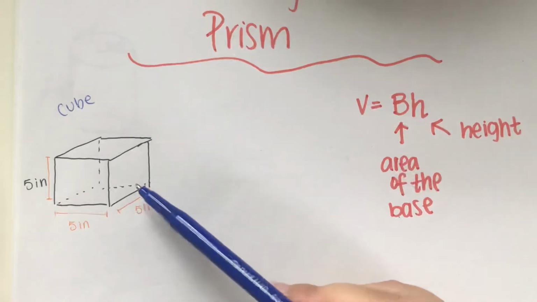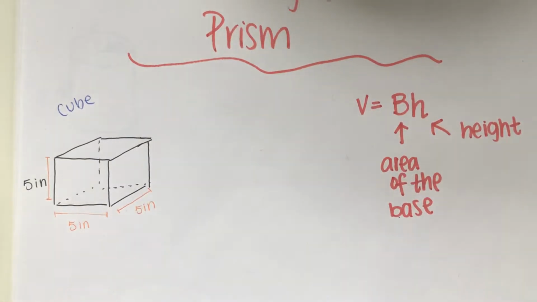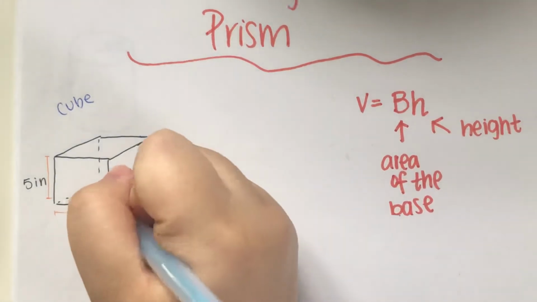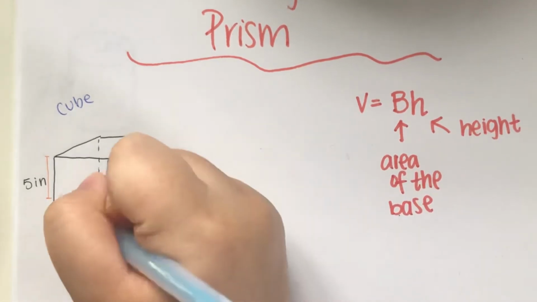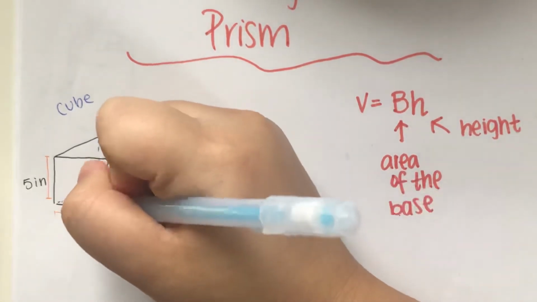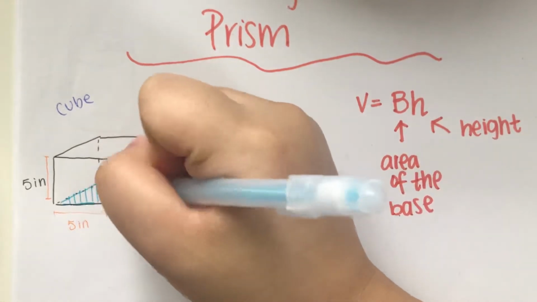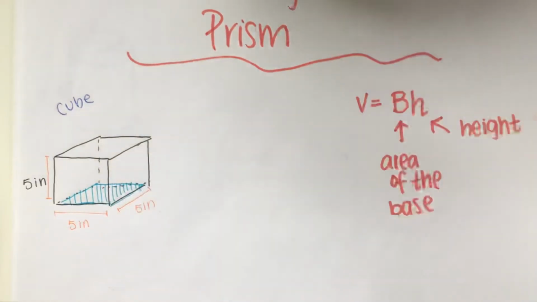So let's look at our first example. I have a cube, right? What do you think? It's my base. Base, obviously, on the ground, right? On the bottom. So that means on the bottom, I have this shape. This is the base.